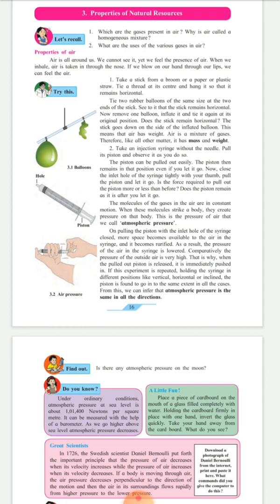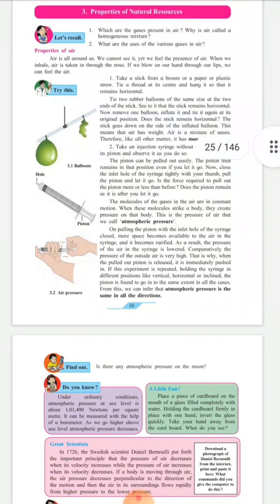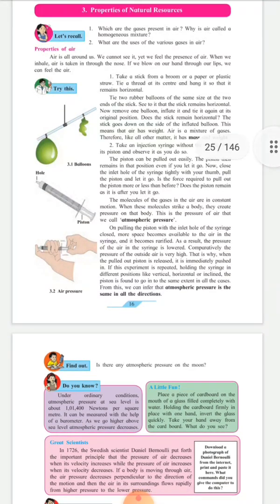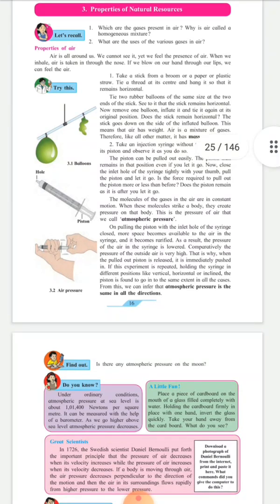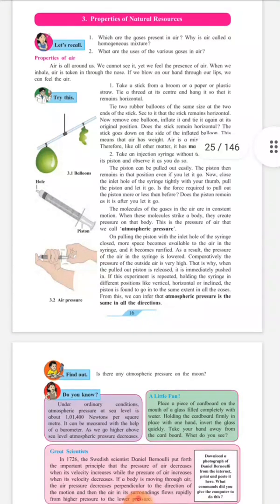That is why when the pulled out piston is released, it is immediately pushed in. If this experiment is repeated, holding the syringe in different positions like vertical, horizontal or inclined, the piston is found to go in to the same extent in all the cases. From this, we can infer that atmospheric pressure is the same in all directions.